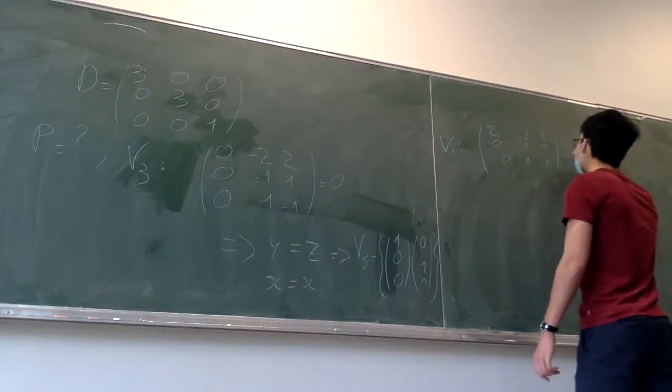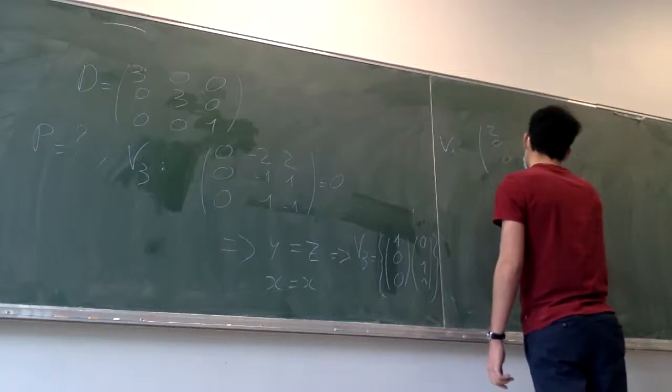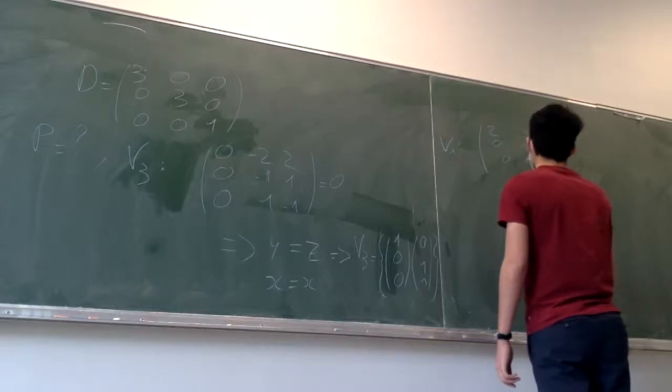Okay. Next, when we plug in the eigenvalue 1, we have a rank system, and of course its kernel is going to be of dimension 1, which is what we expect.